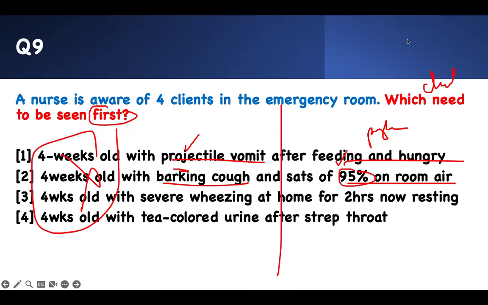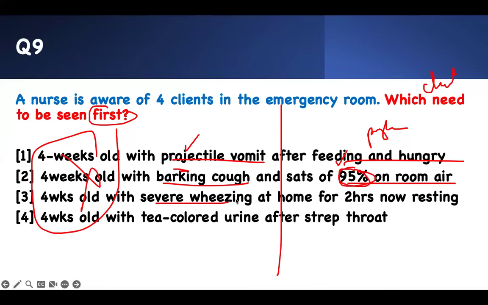Do you know what a barking cough is? What condition causes a barking cough? This is croup, right? But so far as their SAT is okay, it's good.